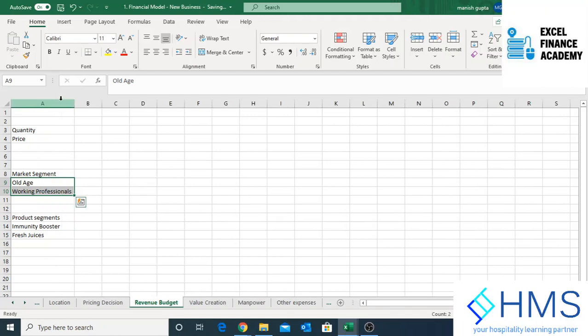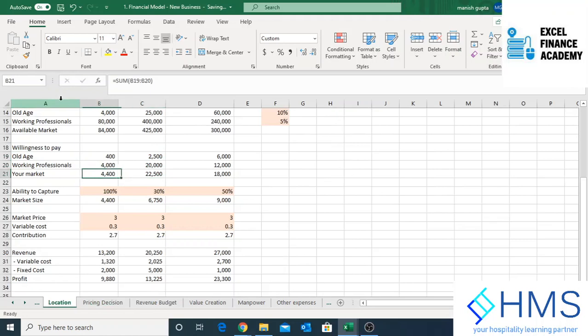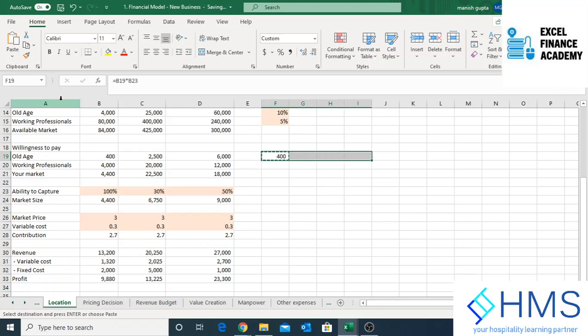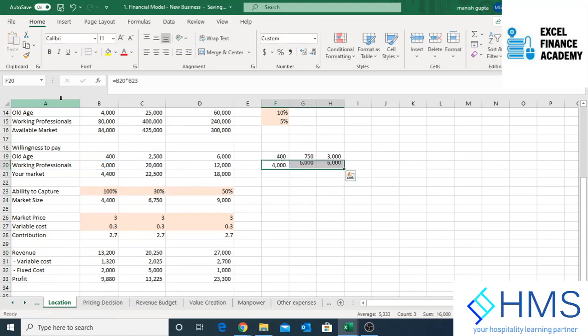Now we decided that our market potential is going to be here. So total market size for old age people is going to be, oh, this is the total segment. So let's calculate the capture of each market. So this is going to be the market capture, our existing market share that we think we can get.